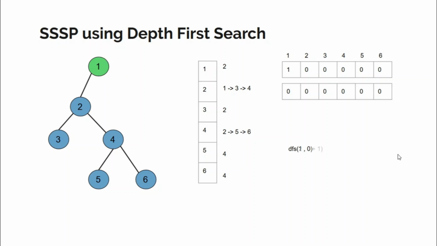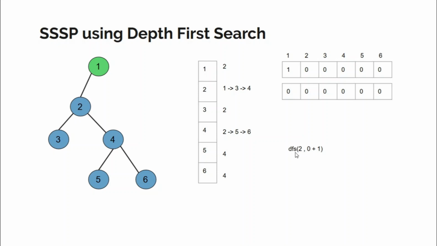That is why, to make a DFS call to 2, we take the distance of node 1 and add 1, because we have to traverse this edge to get to 2. Since we are making the DFS call to 2 from node 1, we take the minimum distance of node 1, add 1, so that we get the distance of node 2.